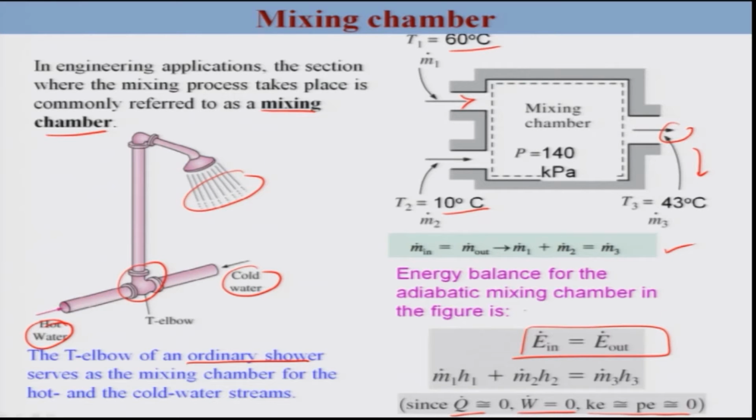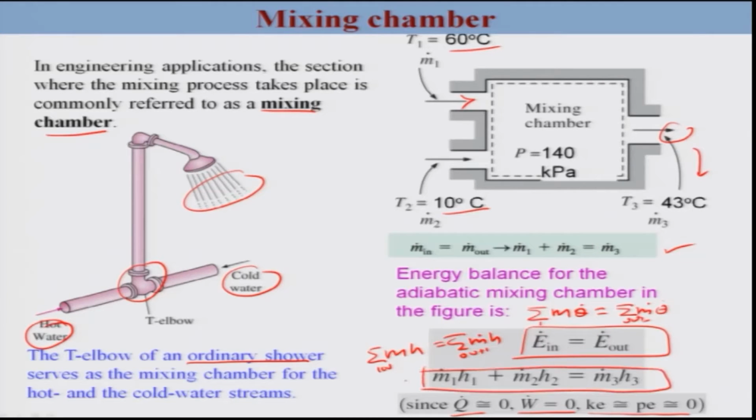In that case, your simple energy balance would be the summation of m theta inlet is equal to the summation of m theta outlet, or in a generalized form, for the case of this system where the changes in kinetic and potential energies are 0, your m h inlet should be equal to m h outlet. This is what is written here. So this is a simple energy balance for the case of a mixing chamber.